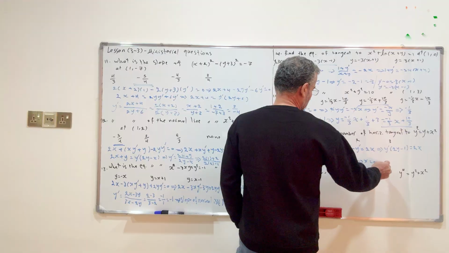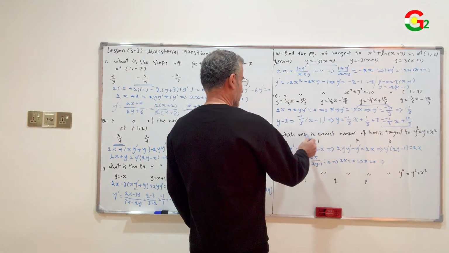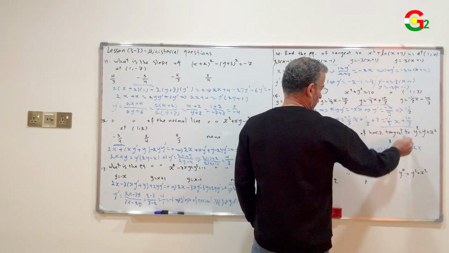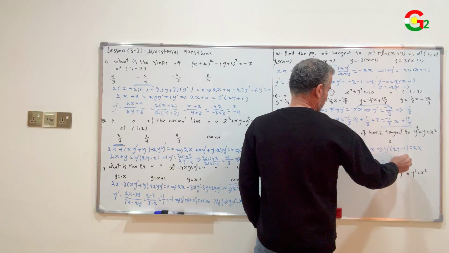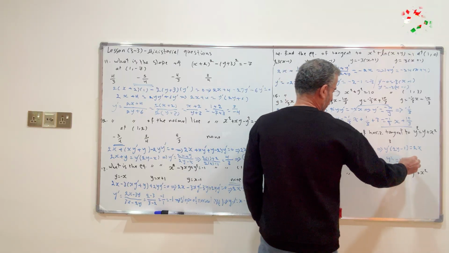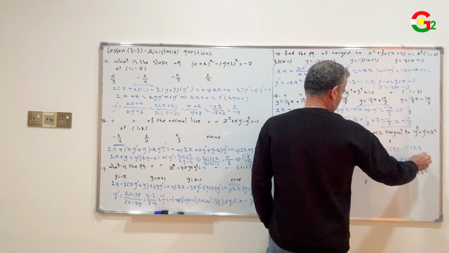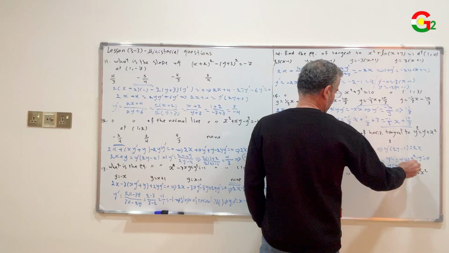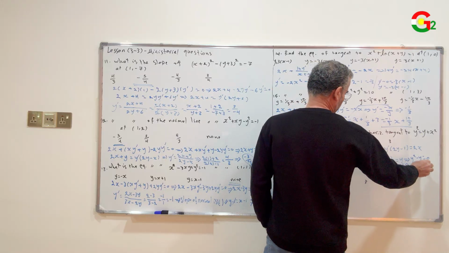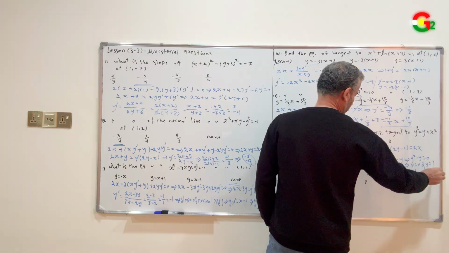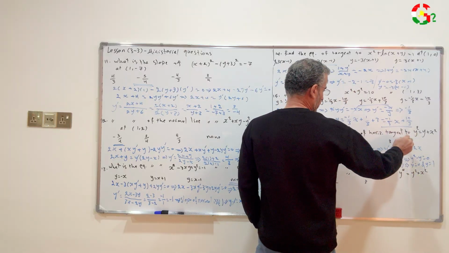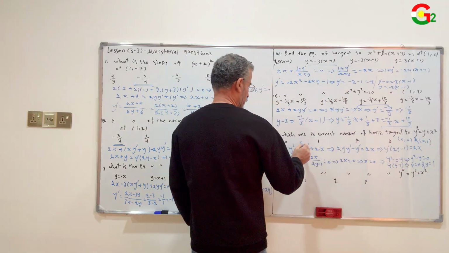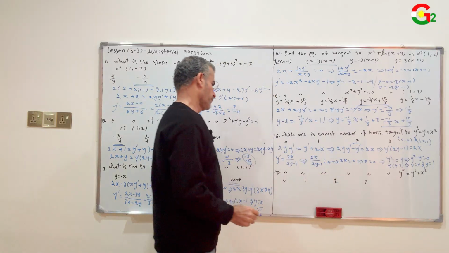Substitute the value of x in the original function to find the value of y. Y square equals y, then y square minus y equals 0, then factorize: y times (y minus 1) equals 0, then y equals 0 and y equals 1. Then there are 2 points: (0, 0) and (0, 1). The right choice is C.